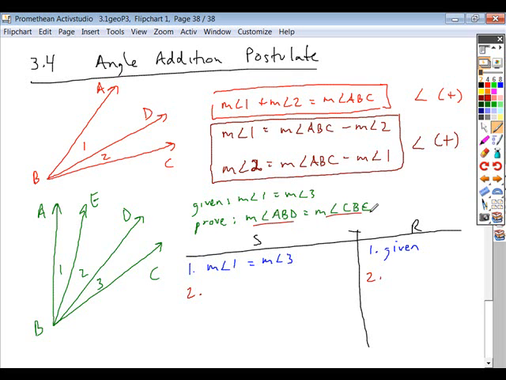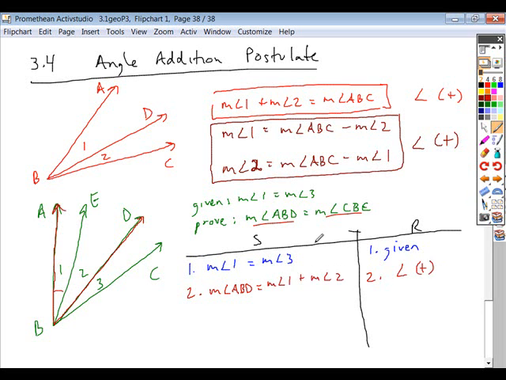So again, it's the same systematic process. So let's see if I can introduce angle ABD in terms of what's already there. So here's ABD. What is ABD in terms of 1, which was already introduced in the proof? It's equal to angle 1 plus what? Angle 2. So that is angle addition.